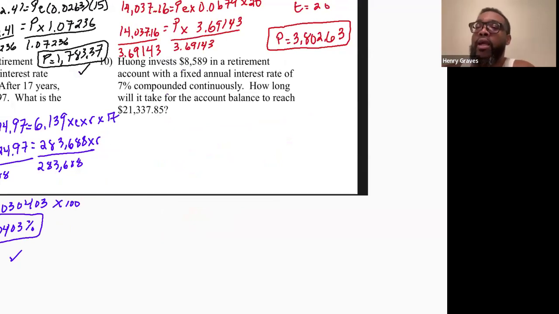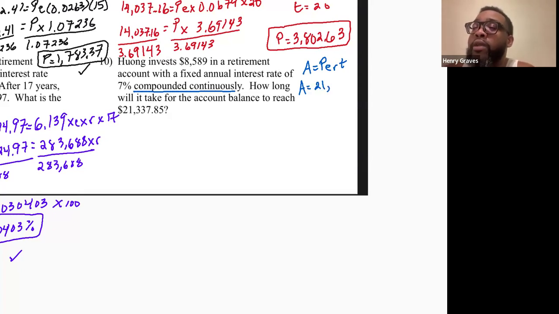All right, so here, again, it's compounded continuously. So I know I'm going to use this formula A equals P E to the R T, where A, the amount of money he ends up with, is 21,337.85.